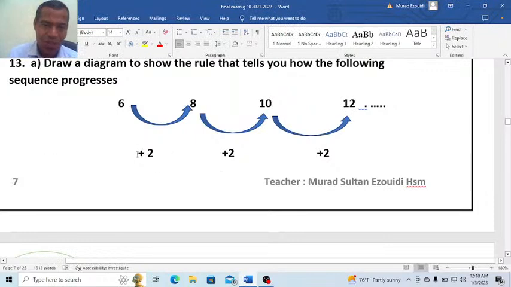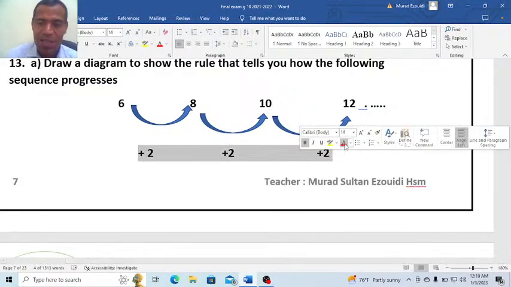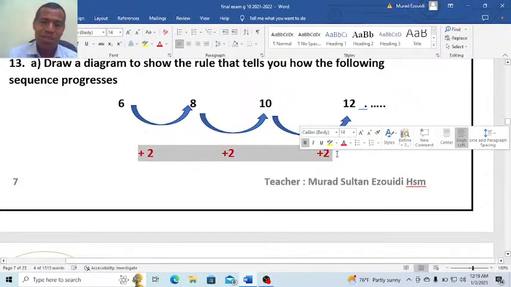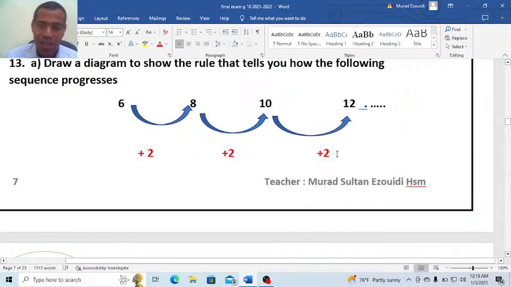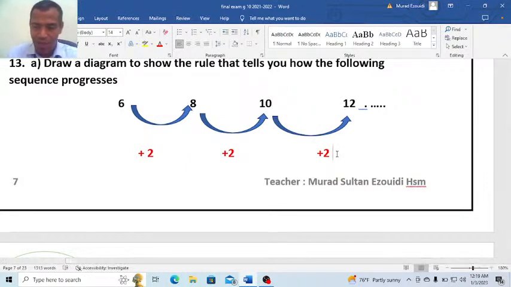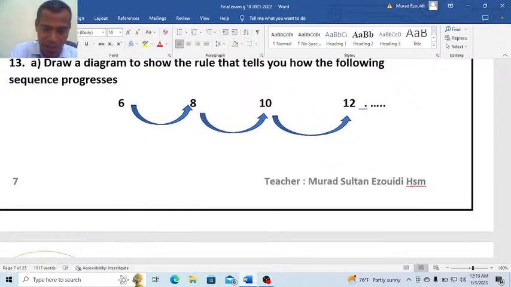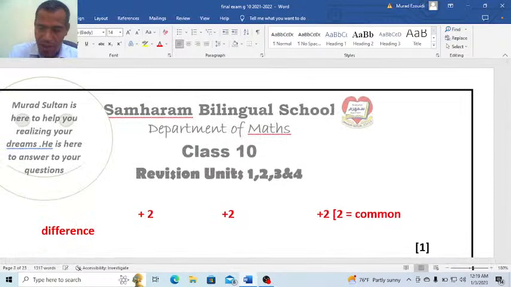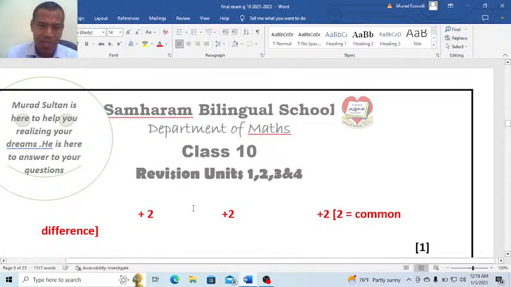In fact, these twos are called the term-to-term rule, but as you are in grade 10, this is called the common difference, between parentheses. This 2 is the common difference.